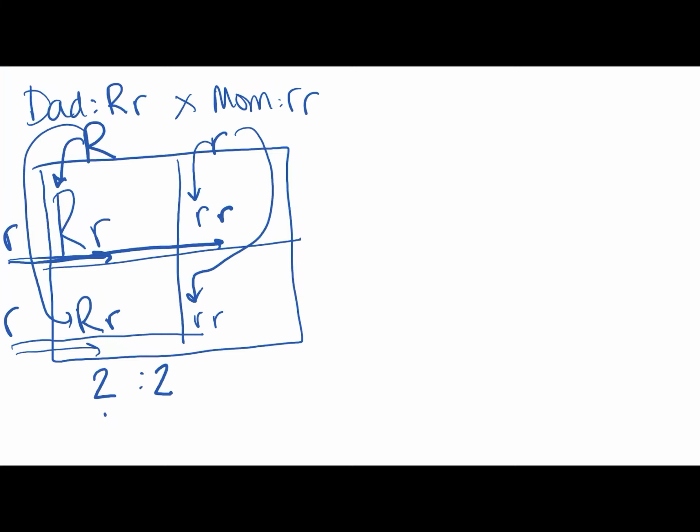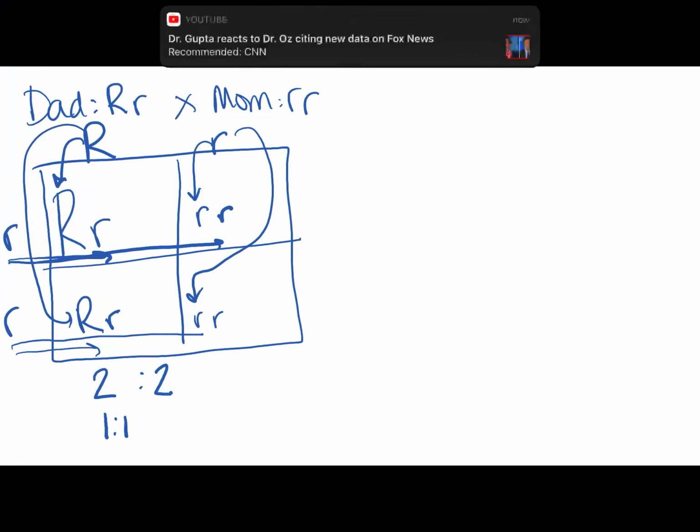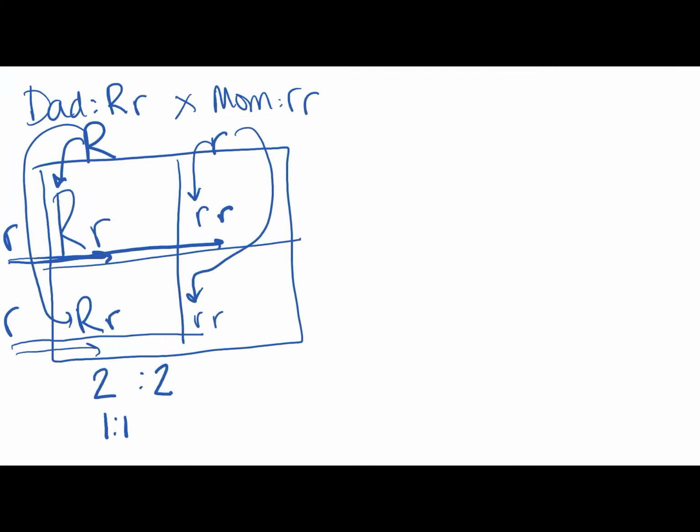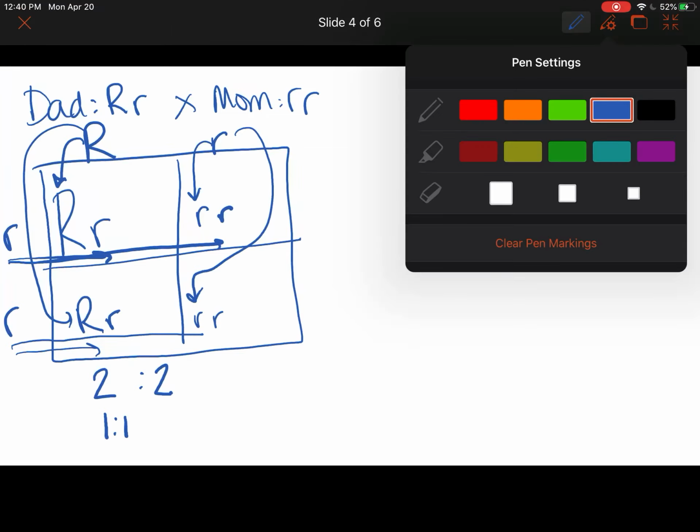You always express them in lowest terms. So more correctly, we would say there's a 1-to-1 ratio for dominant phenotypes to recessive phenotypes. So this couple would have a 50-50 chance as to whether or not their child could roll the tongue.